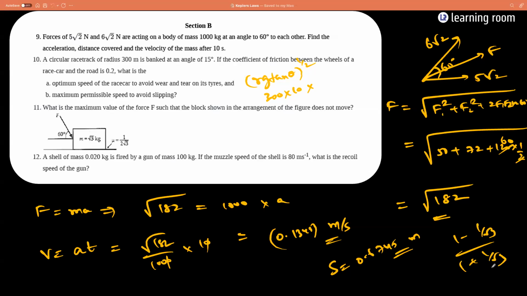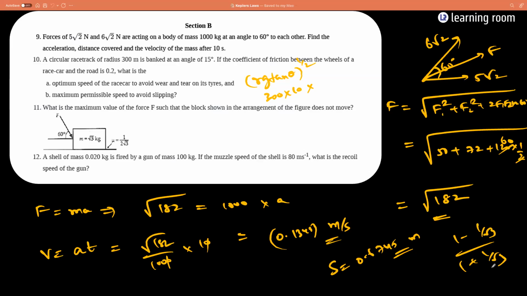Denominator: a plus b into a minus b, so 3 minus 1, 2. So 4 minus 2 root 3 is the numerator, so 4 minus 2 root 3 by 2. 2 minus root 3 is tan 15.